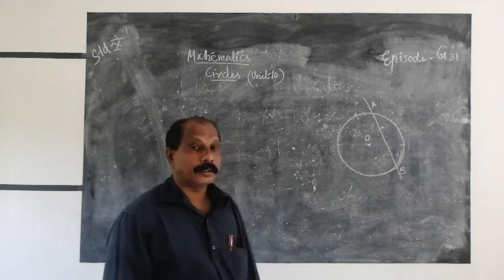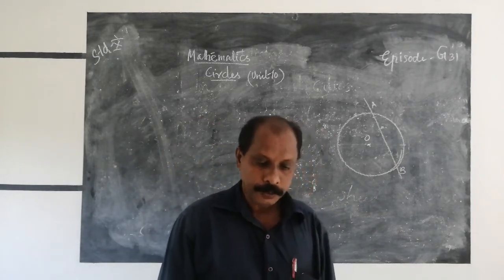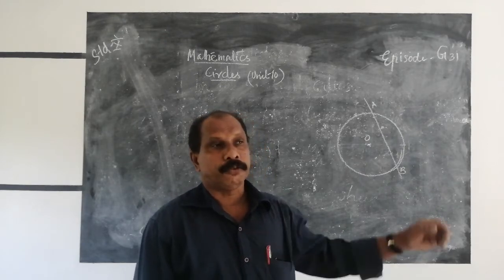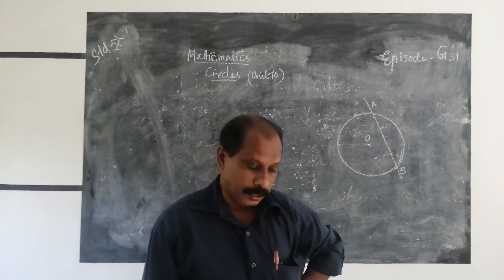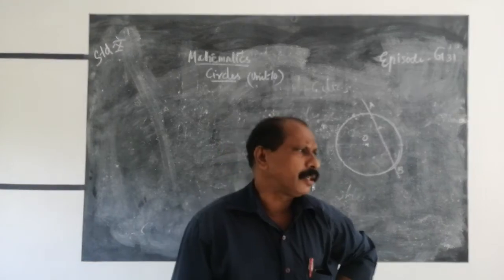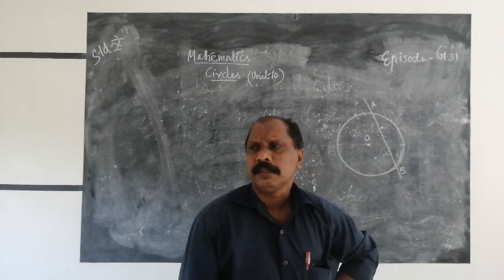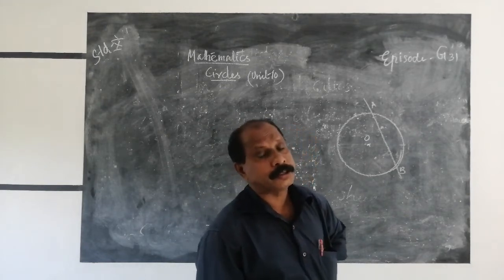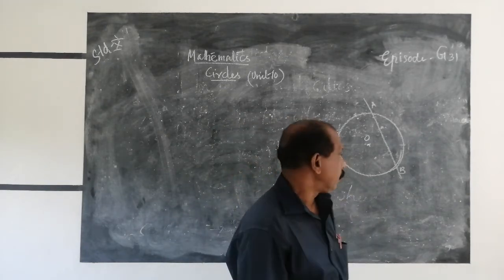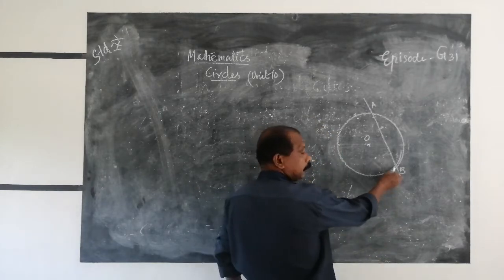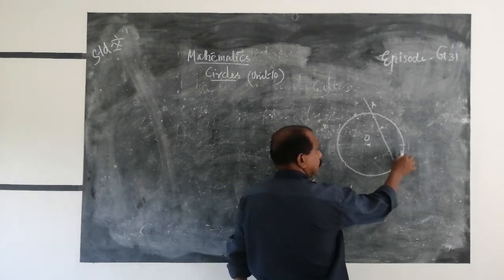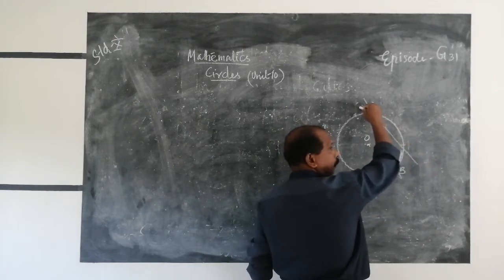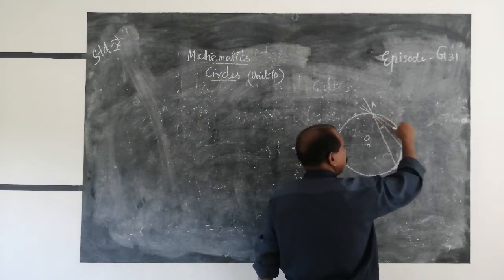This line cuts the circle at 2 points, A and B. Therefore, this line is known as a transverse line. What is a transverse line? Any line that cuts a circle at 2 points is known as a transverse line. Then we know that B moves to a side. Therefore, this is the chord, or the transverse line.